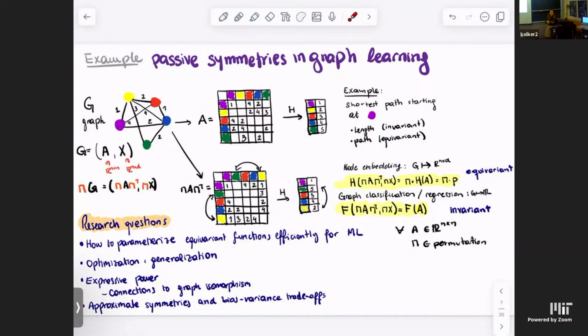That leads to the fact that a lot of graph neural network architectures are not expressive, in the sense that they cannot express all the invariant functions, but they can express many invariant functions. That brings interesting mathematical problems in this space.